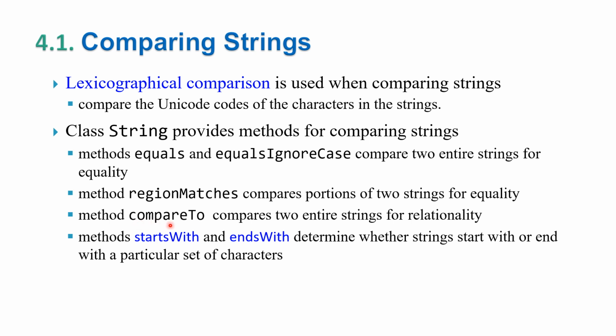The method compareTo compares two entire strings for relationality, so it can tell whether the string is larger or smaller than the other string. And two other methods, namely startsWith and endsWith, determine whether strings start with or end with a particular set of characters.